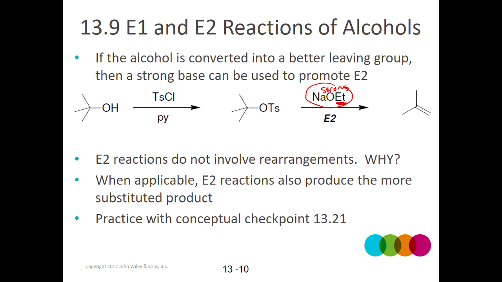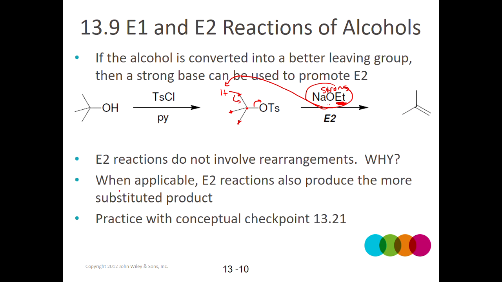So in this particular case, this is my alpha carbon. I've got 1, 2, 3 beta carbons, and they're all equivalent. So it doesn't matter which of those a hydrogen is picked off of, but the base would pick off a hydrogen from any one of these 9 hydrogens on the outside here, push electrons in, push that out, and make the alkene.